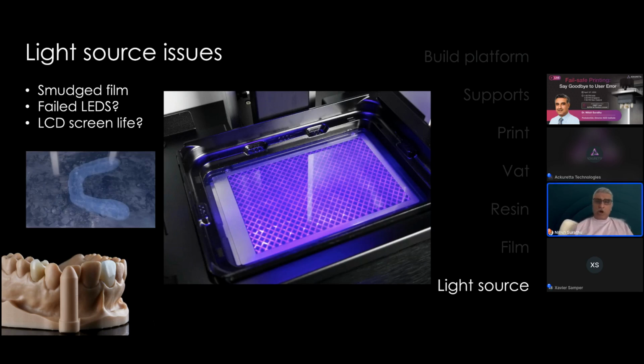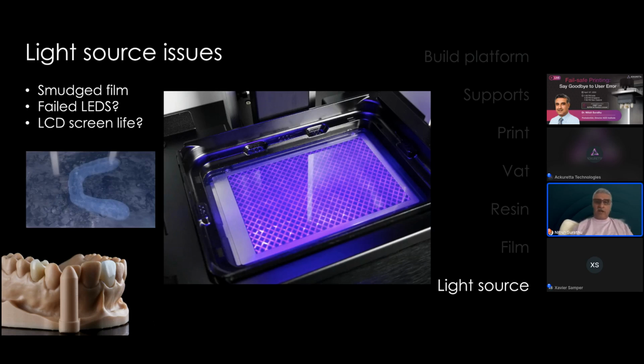What I see more commonly, though, with light source issues is smudged film. So if you look at this picture on the left, you can see very, very smudged film, and you can see a splint resin failure with the splint sticking to the bottom of the film. And this is typically because the film of the vat has not been cleaned properly. You may occasionally need to clean your film, both on the inside and the outside.